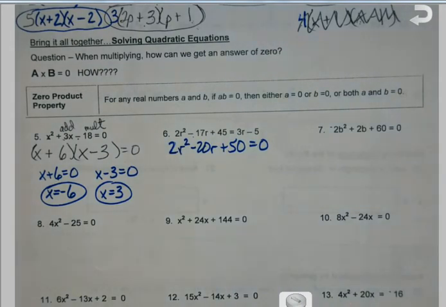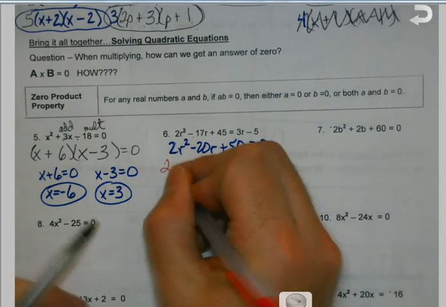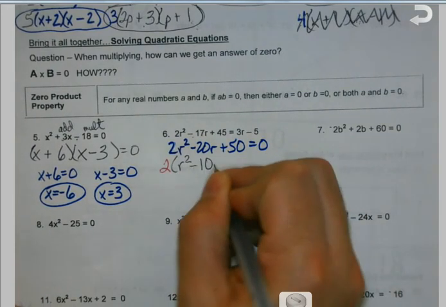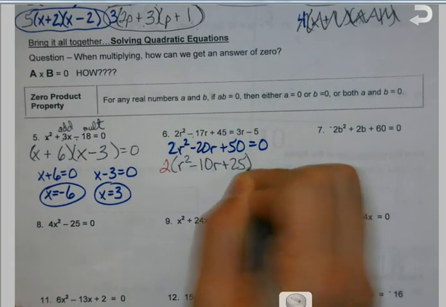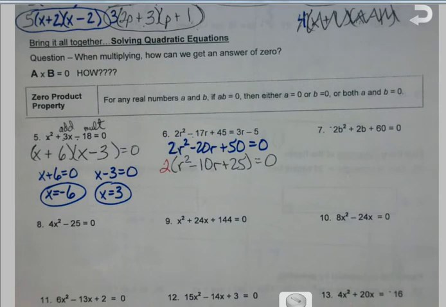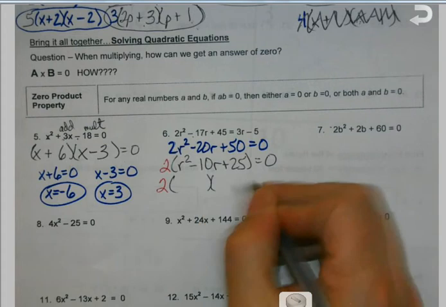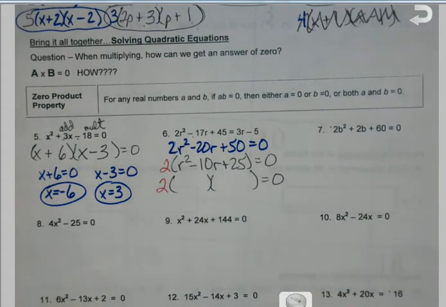So subtract the 3, add the 5. So once I get everything on one side, anything in common? 2. And then I'm going to attempt to factor whatever is left in the parentheses.